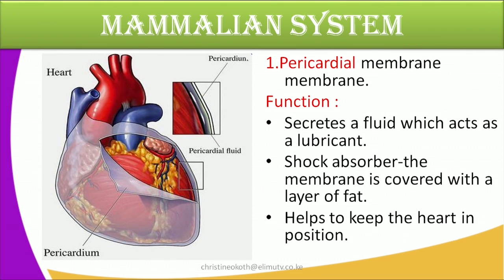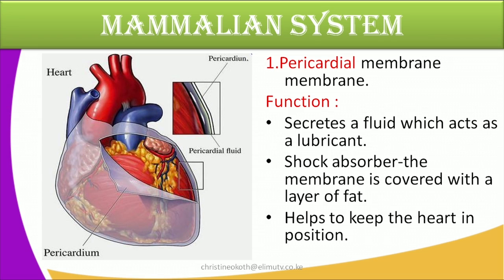So the first structure that you'll observe if you look at the heart is what we call the pericardial membrane. That is the outer lining of the heart. You can see it in our video, the most outer lining of the heart. So what is the function of the pericardial membrane? Number one, it secretes a fluid which acts as a lubricant.